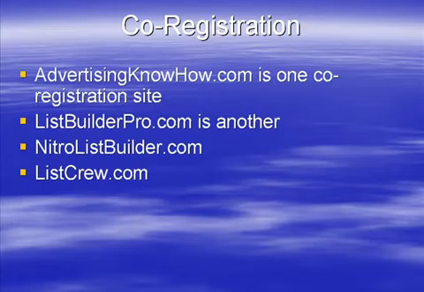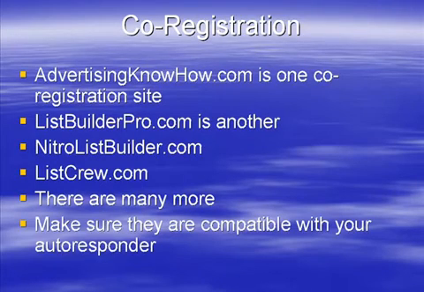I know last time I looked, List Crew didn't allow Aweber, but did allow many of the others. So you do need to be aware of this, and make sure that whichever co-registration service you choose is compatible with your autoresponder. Now there are a number of them out there. Just type co-registration list building into Google and you'll find loads of them.